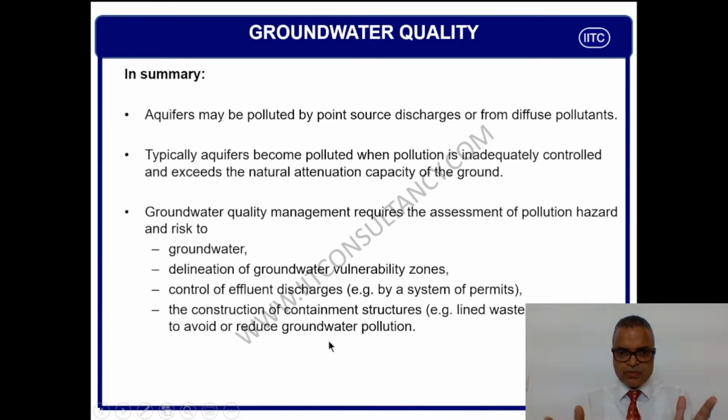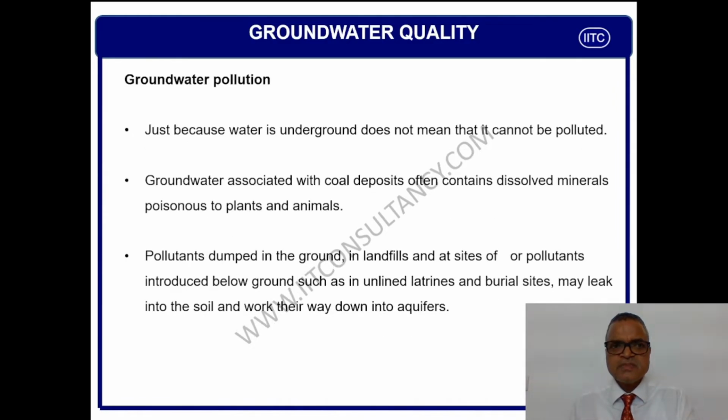This wastewater should not go inside the ground. We should have an impervious layer to treat it and to evaporate it. So guys, it is our responsibility to prevent aquifer pollution from natural and man-made activities.